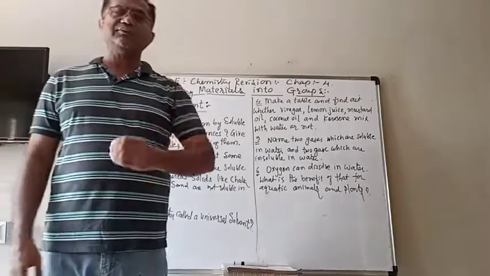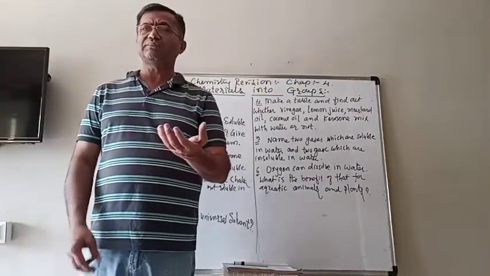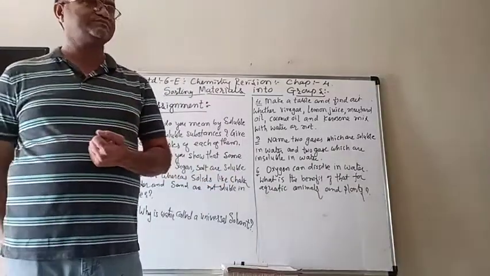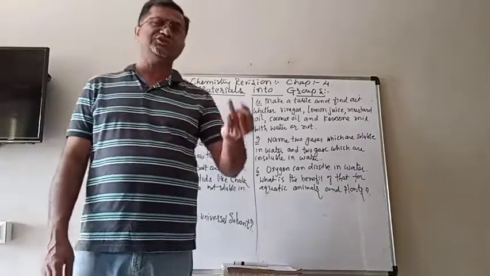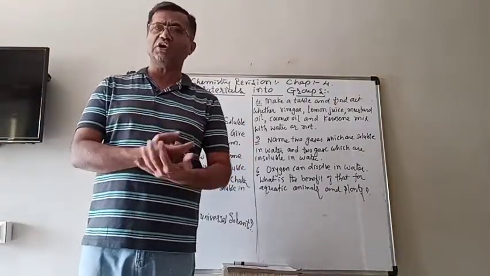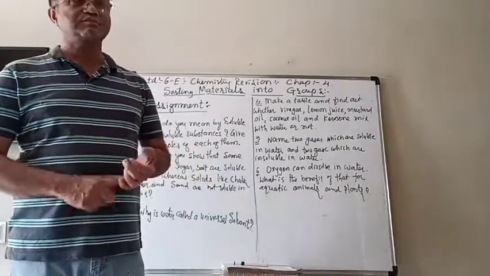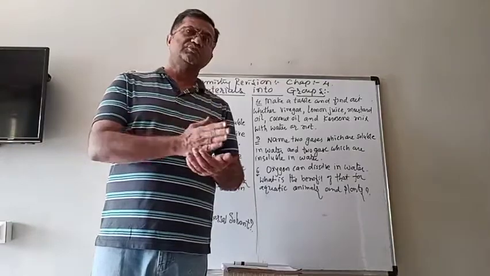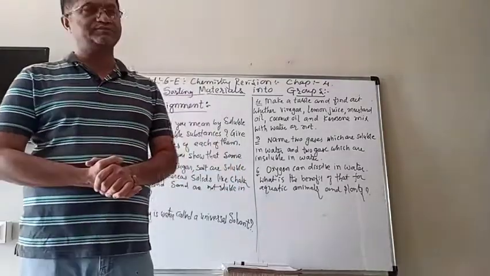Now, in the first beaker, there is water. Put the substance in it and stir it for a while. Suppose we take sugar first, then you will see that sugar is dissolving. Why? Because it is soluble in water. Put salt in the second beaker.